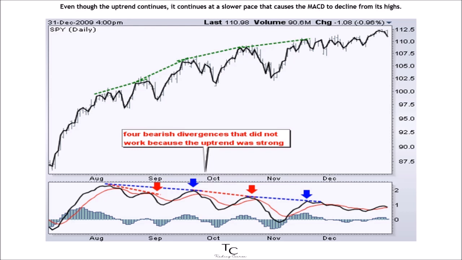Even though the uptrend continues, it continues at a slower pace that causes the MACD to decline from its highs. Upside momentum may not be as strong, but it will continue to outpace downside momentum as long as the MACD line is above zero. The opposite occurs at the beginning of a strong downtrend.